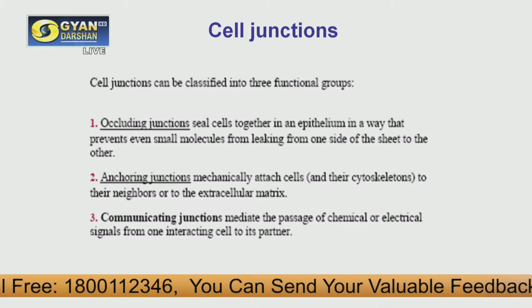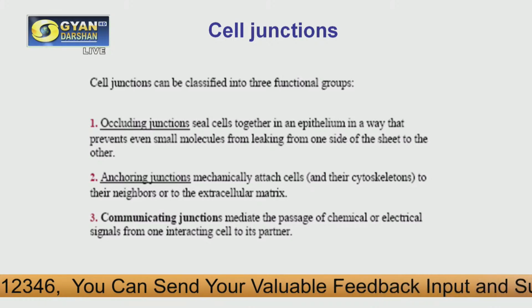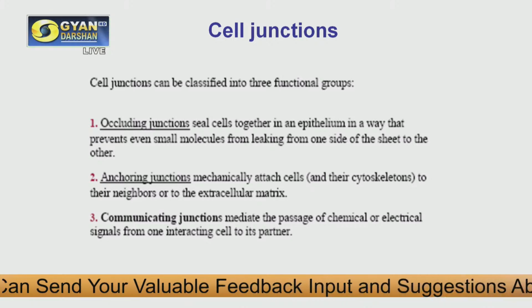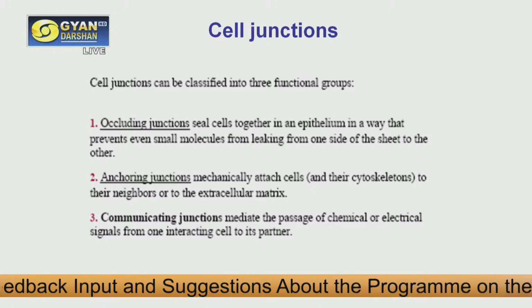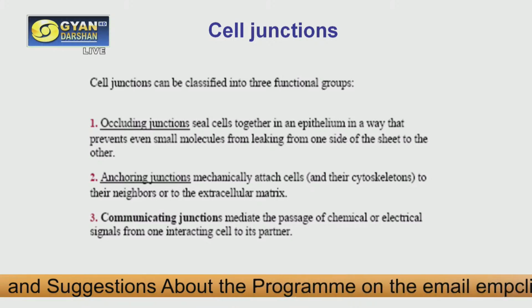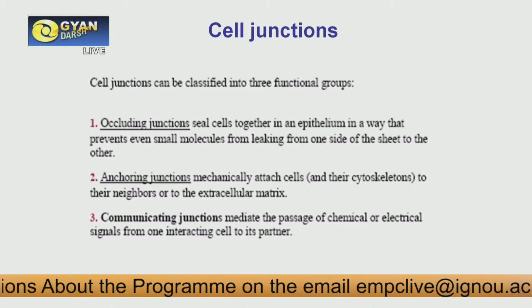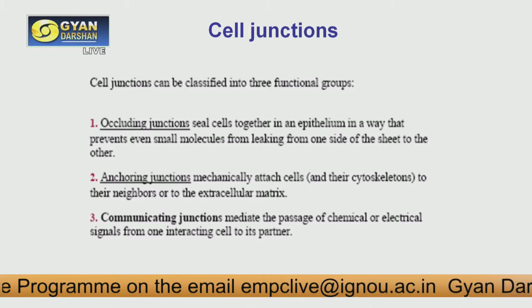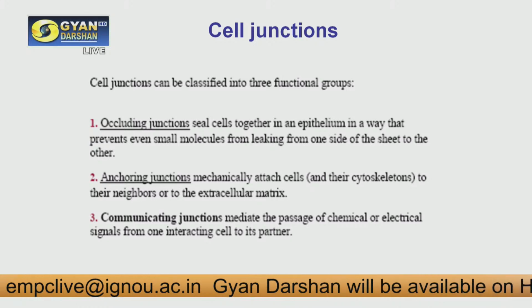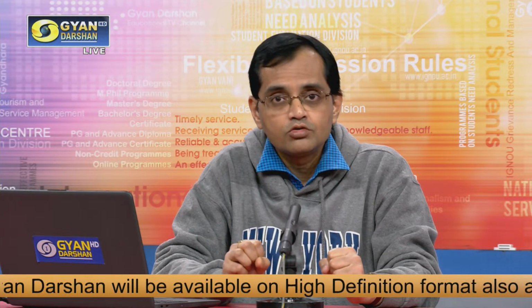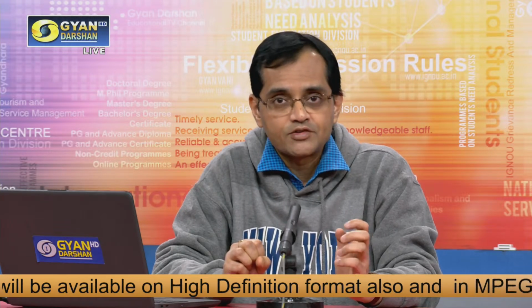Second is anchoring junction. Anchoring means two cells in a multicellular organism need to attach, or they need to be held together, as well as each cell should be attached to the cytoskeletal elements, that is the actin, mostly the actin, or to the extracellular matrix.